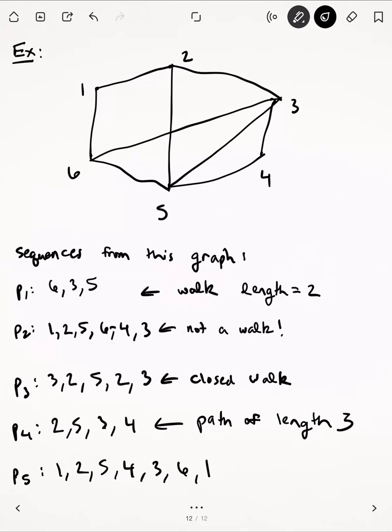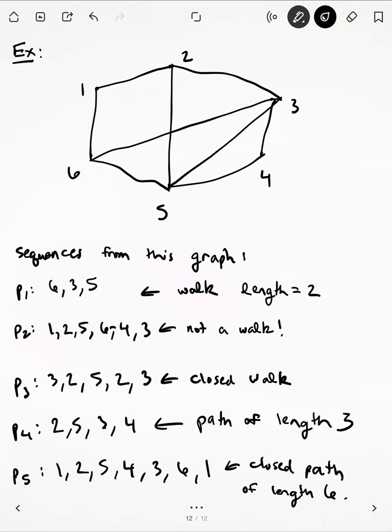And indeed, P1 is also a path. 2, 5, 3, 4 is a path of length 3, and P5 is a closed path of length 6. Okay?